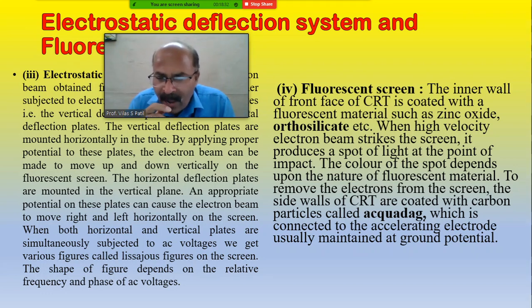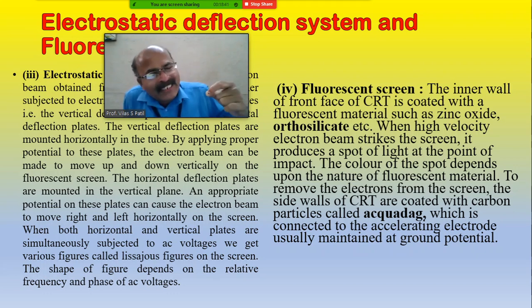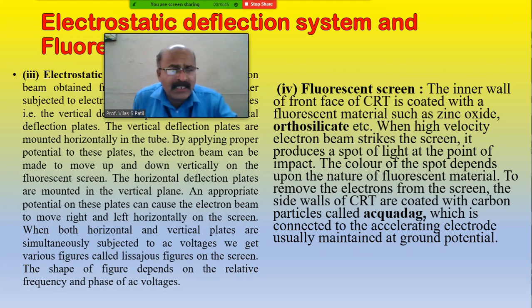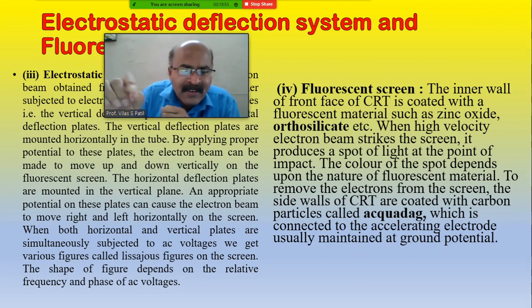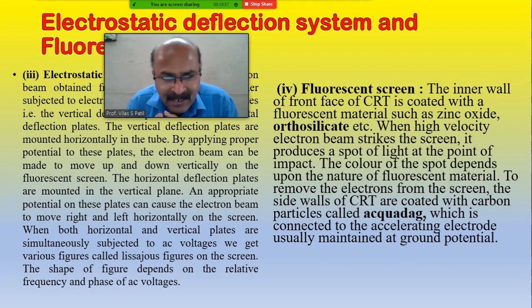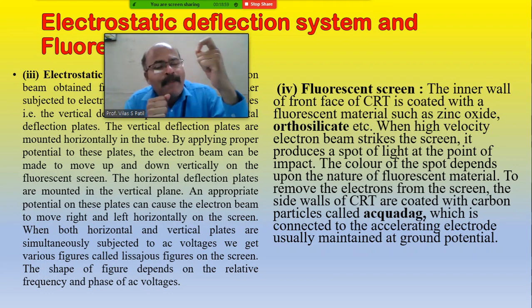When the high velocity electron beam strikes the screen, it produces a spot of light at the point of impact. The high energetic, high velocity electron beam, known as the cathode beam, strikes the fluorescent screen, and at that place there is an emission of light. That is known as the impact point.